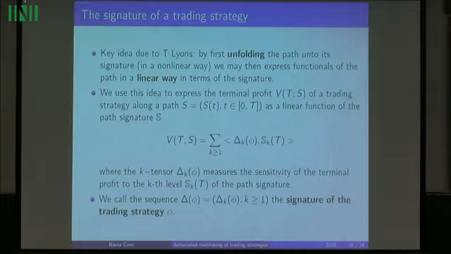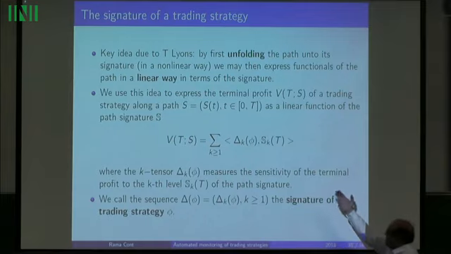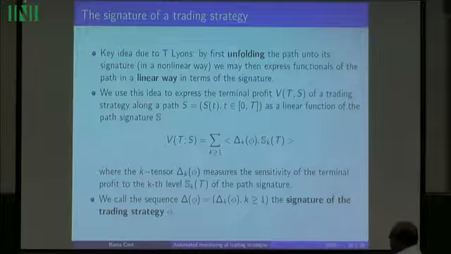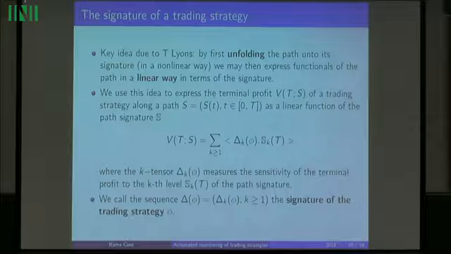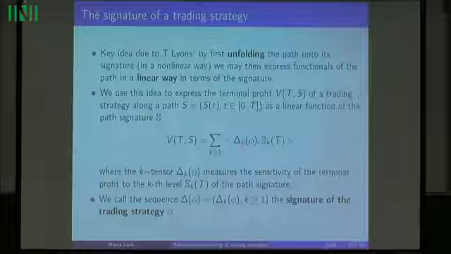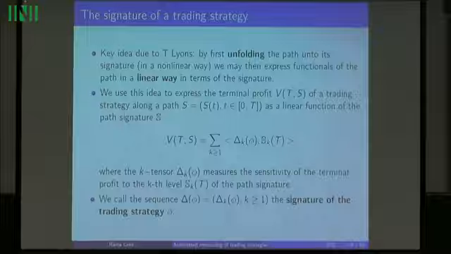Having a linear functional means there's a linear dependence with respect to each component of the signature. So in general, it can be represented in this form, where delta k is a tensor of the same dimension as the kth element of the signature. It's a measure of the sensitivity of the value of the portfolio to the kth level of the path signature of the underlying path, which corresponds to the components of the portfolio.